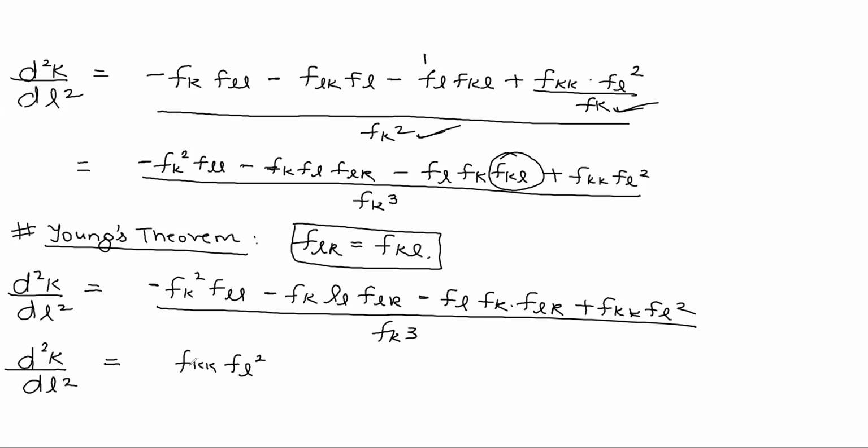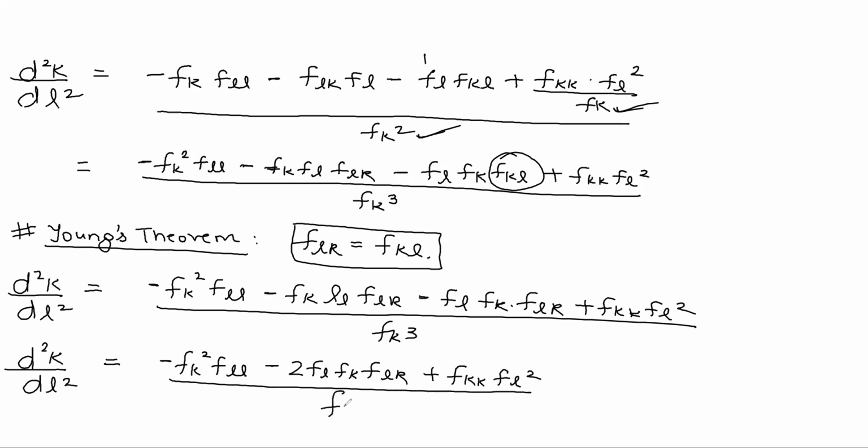So this will be, if I further solve this, minus Fk square FLL minus 2 FL Fk FLK. It will not cancel. In fact, it will add up. Plus FKK into FL square upon Fk cube.